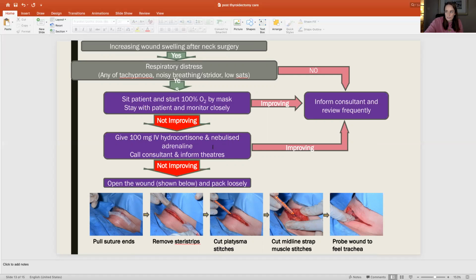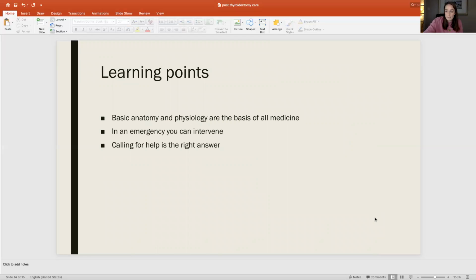I do think that if you truly have a patient who's in extremis, who has stridor, by the time your nurse has managed to get to the drug room and get these medications, you might have missed your opportunity. So only in an absolute worst case scenario should you be doing this, but it's important to know you should be opening the neck and evacuating the hematoma, and you have to open right down to the trachea. That's pretty much it.